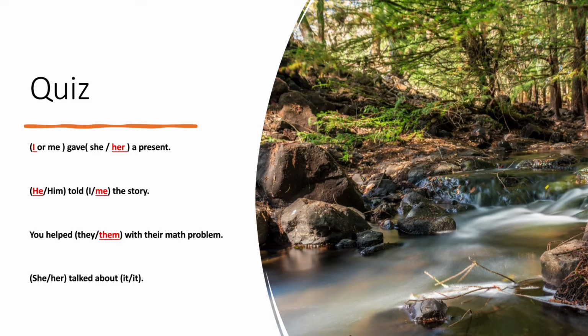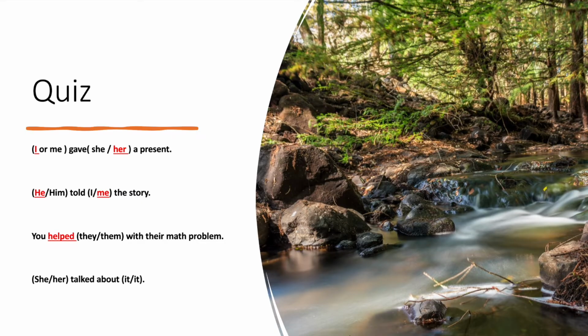How do I know? It's at the beginning of the sentence or before the verb. That's how I know that I need a subject or a subject pronoun. So here the subject pronoun is she. She is doing an action, and that is, in this case, talking.